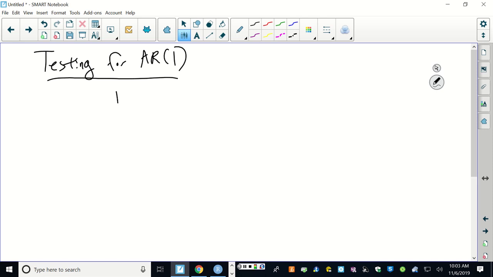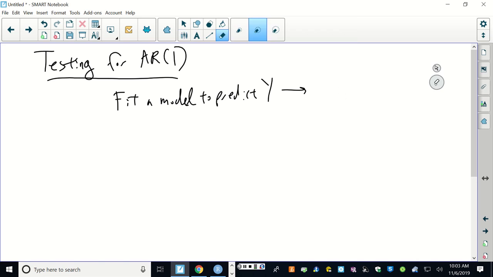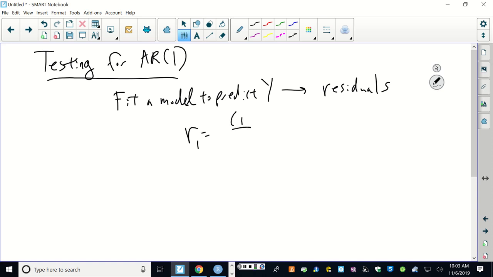So one way to test, we can fit a model to predict y. And we're going to store the residuals. And we're going to compute, based on those, our lag 1 correlation.